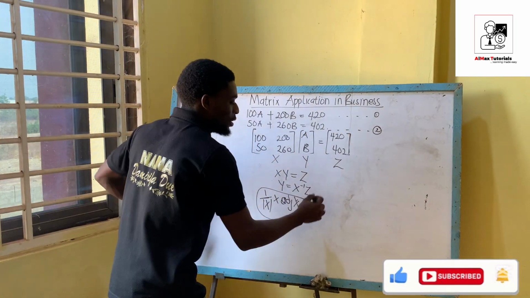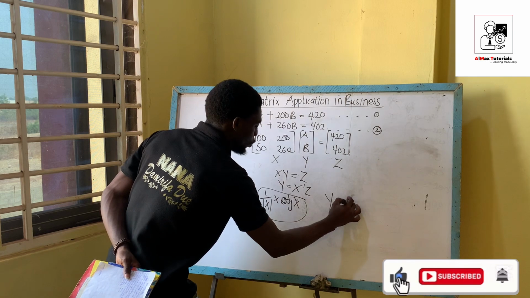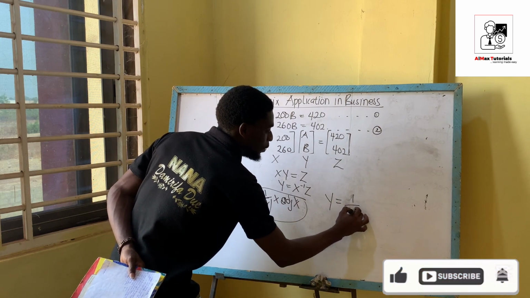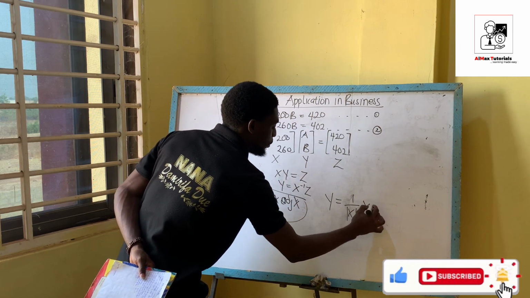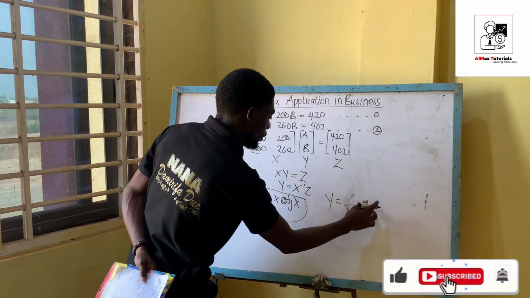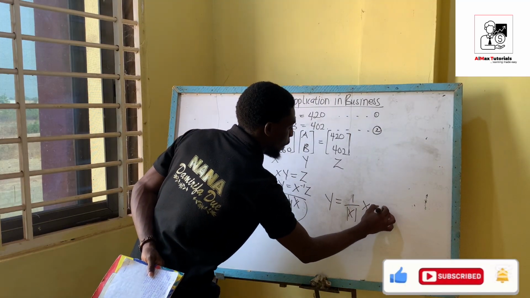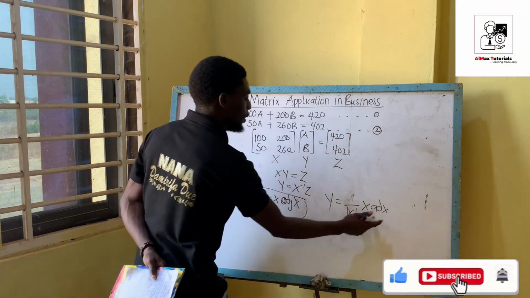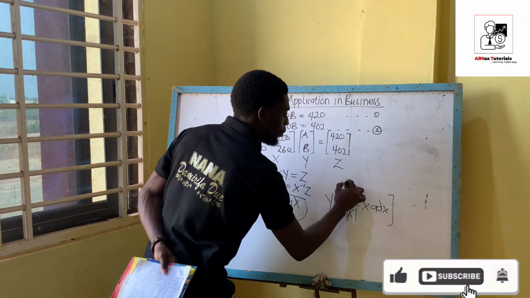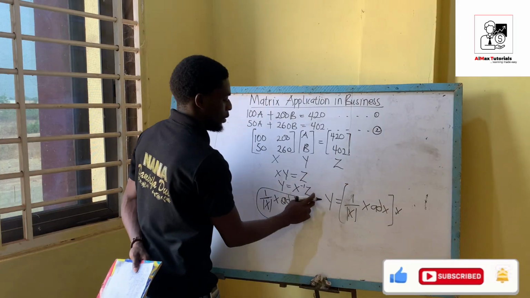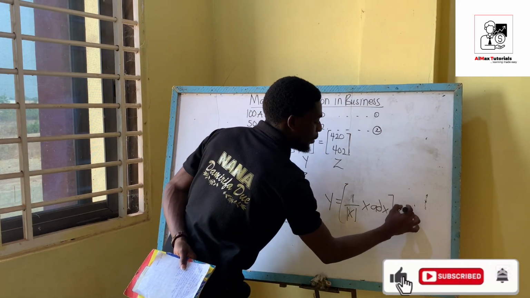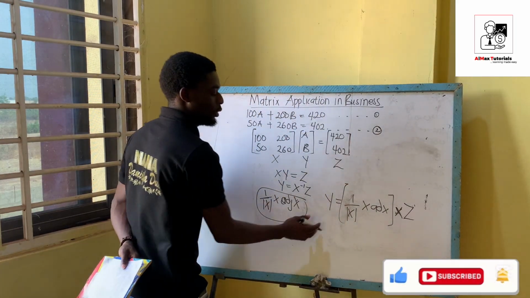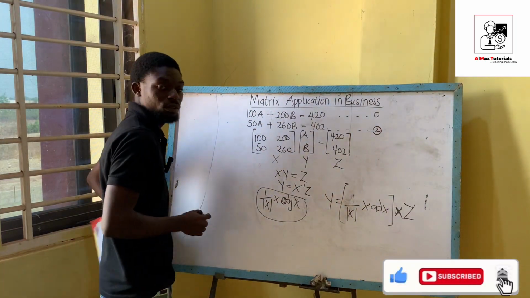So the whole equation now becomes y equals the inverse, which is 1 over determinant of x, multiplied by the adjoint of x. This is the inverse. Also multiplied by z, which is the total market value. So this now becomes the whole equation.